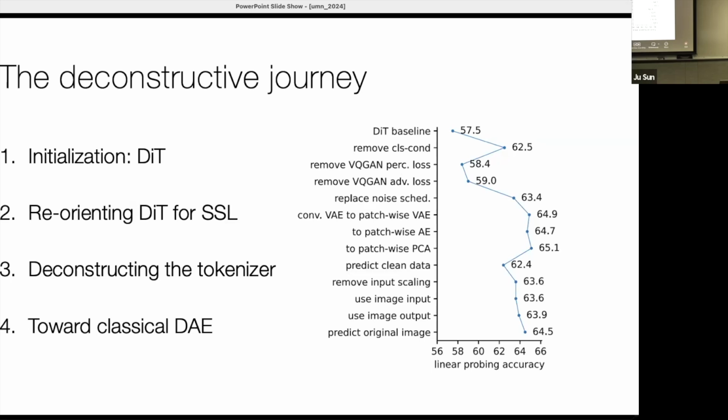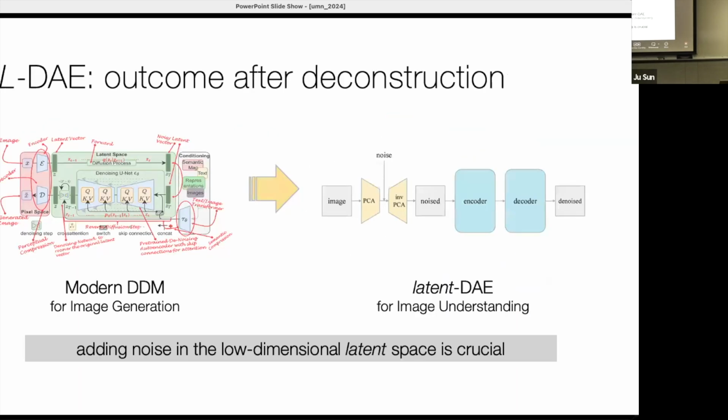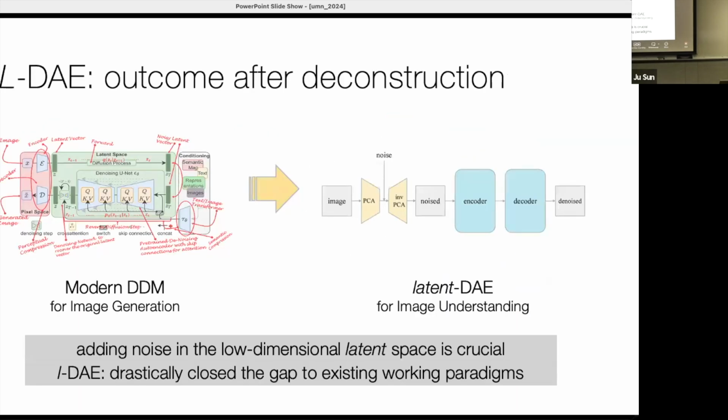A lot of the time with latent diffusion models, you do need to have a VQ-GAN. But with patchwise PCA, it seems you can get rid of that training-based component. In your slides, this is reporting the linear probing accuracy, right? I was wondering, have you applied it in image generation tasks in terms of the FID score?